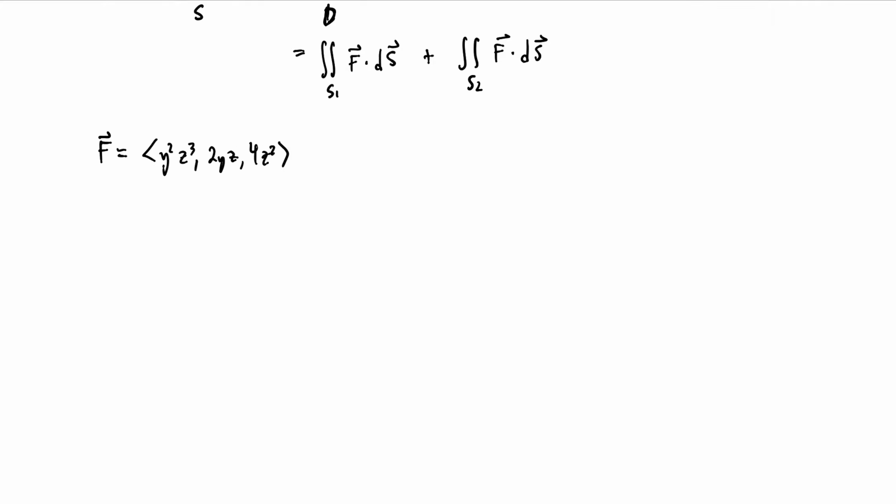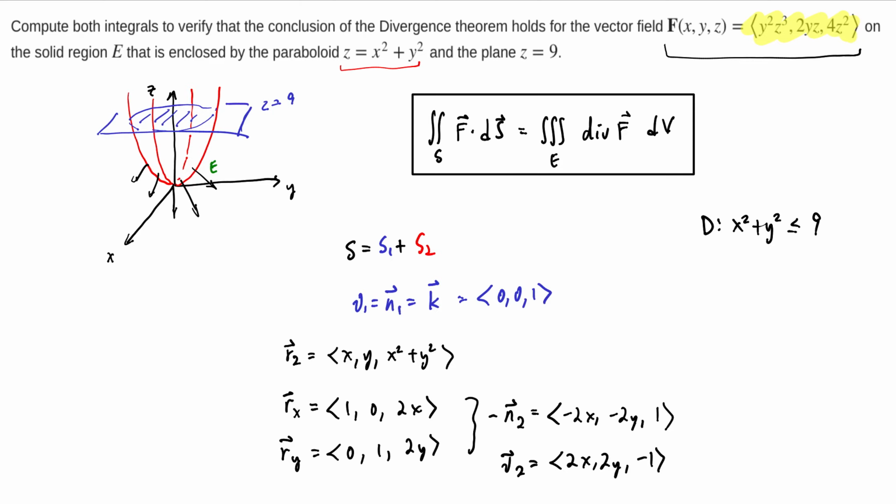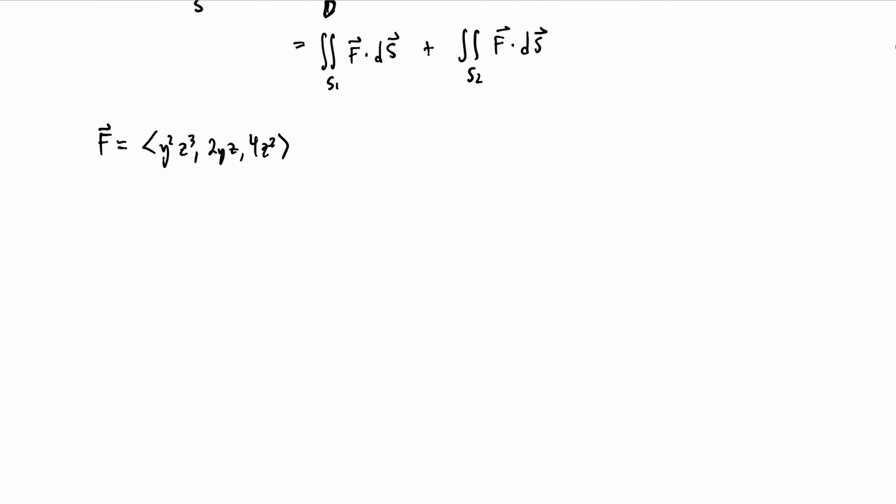I better make sure I copy that right. So y squared z cubed, 2yz, 4z squared. Okay? So, let's go then. Let's just do the first surface integral first. So F dot nu dS.